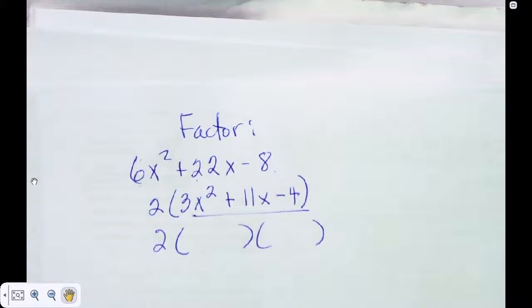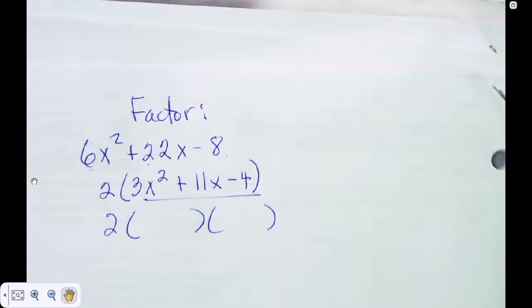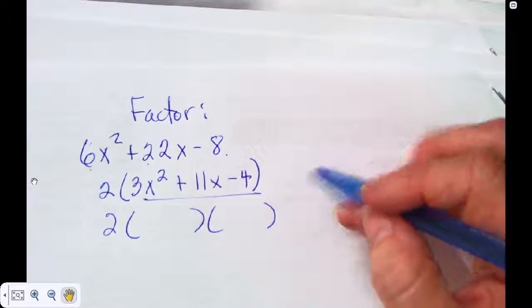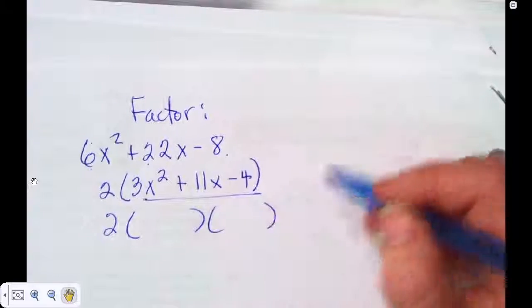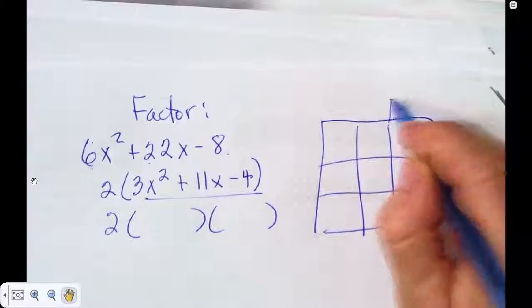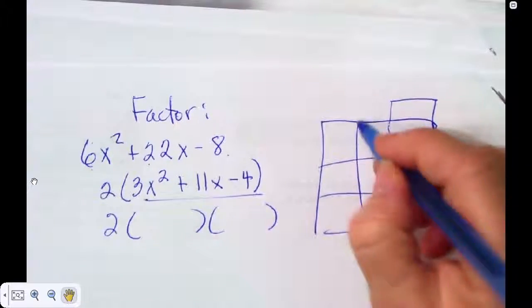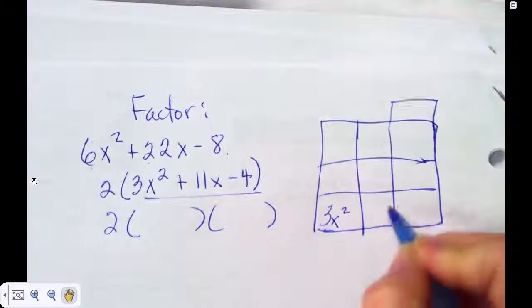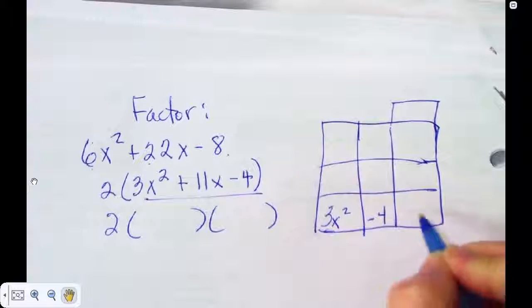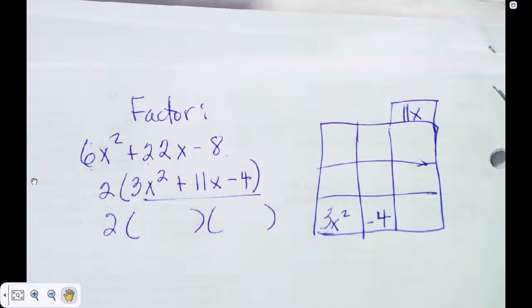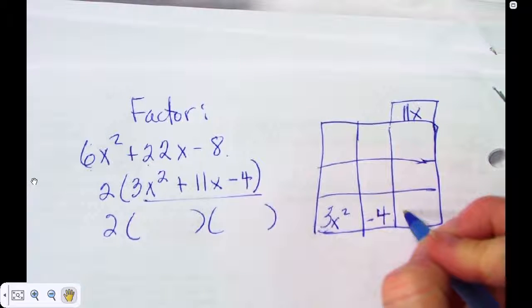Okay? Now, you can do what? The big box? Y'all want to go do the big box? Who can do it without a big box right now? You know how to do it. Well, we're going to go do the big box, those that want to. Okay? So, 3x squared. So who remembers what goes here?